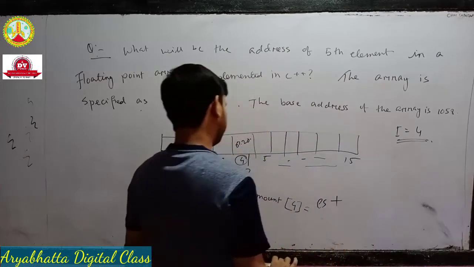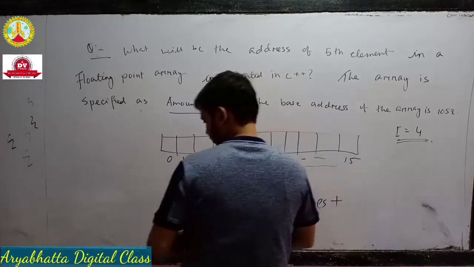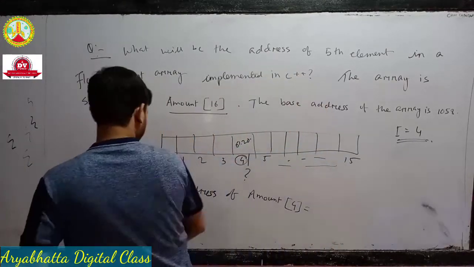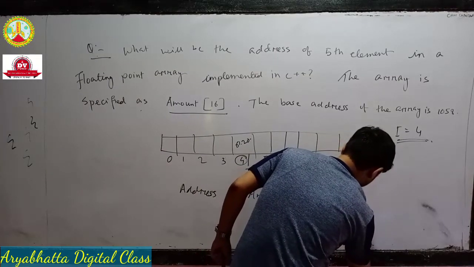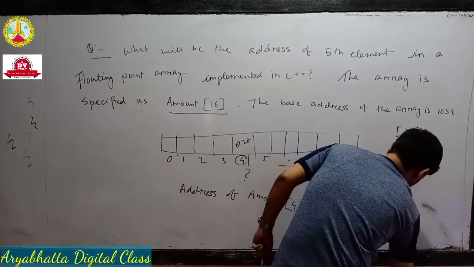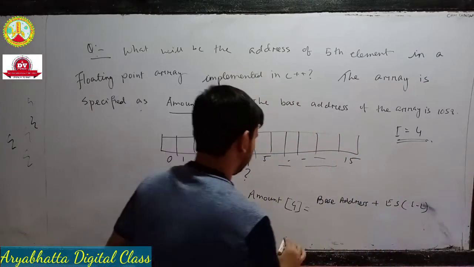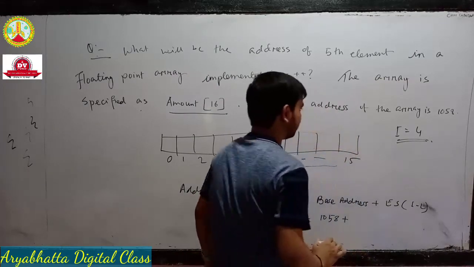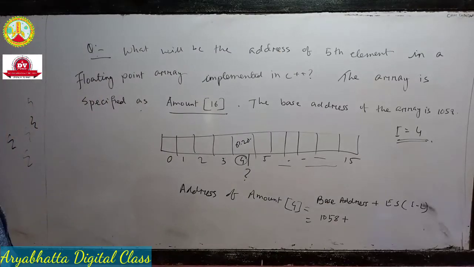Base address plus ES. What is the base address? 1058 plus ES, which means element size. And what is the floating point element size?